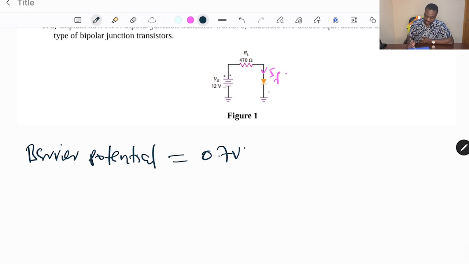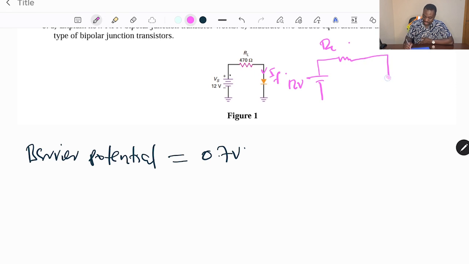When forward bias takes place, the diode behaves like a practical diode. In this case, we have our voltage source of 12 volts, then we have our load resistance.